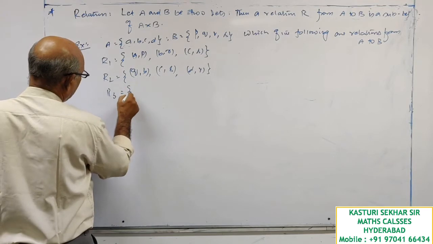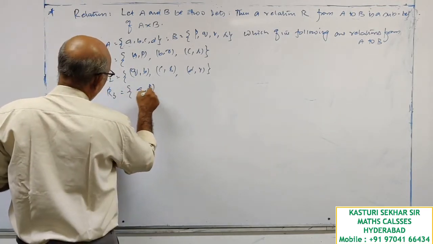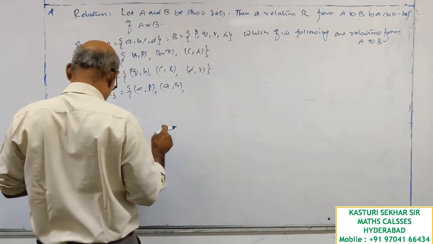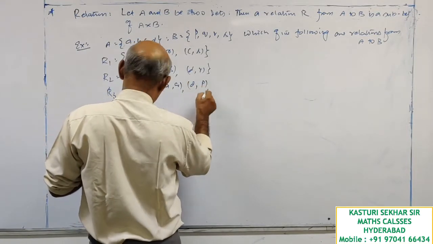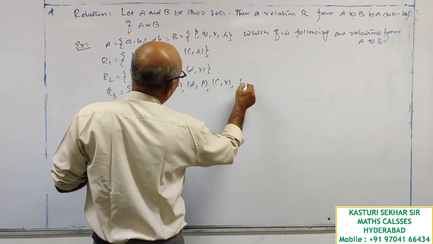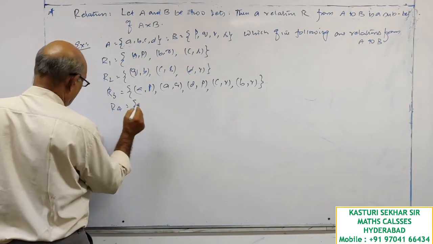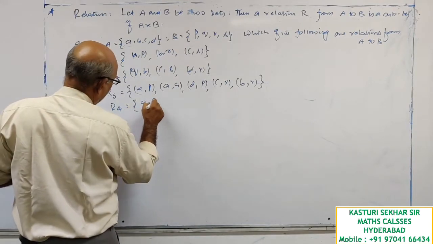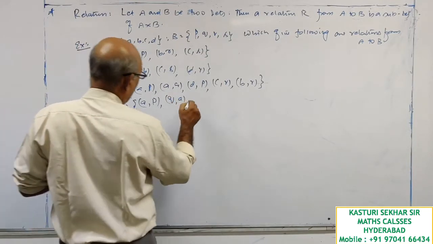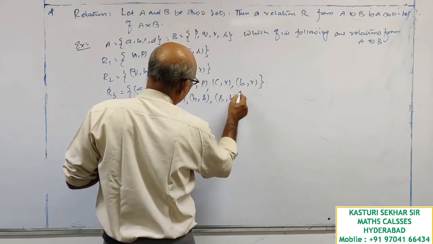A relation R3: (a, p), (a, q), (d, p), (c, r), (b, r). And another: (a, p), (q, a), (b, s), (s, b).